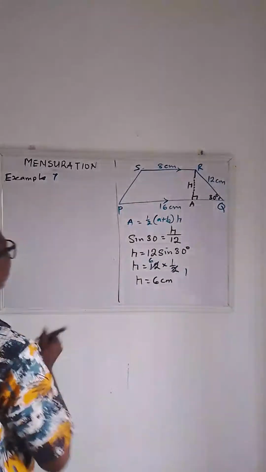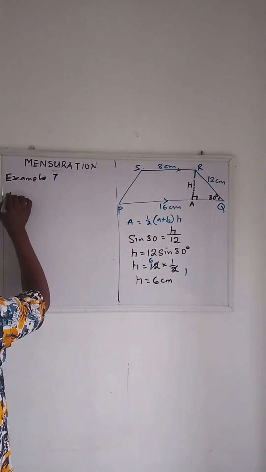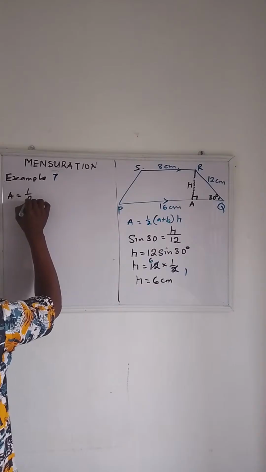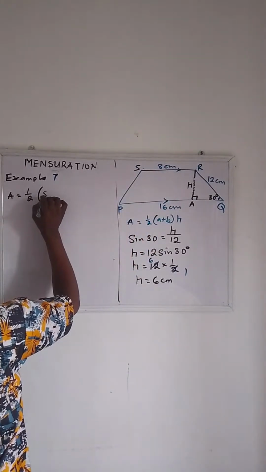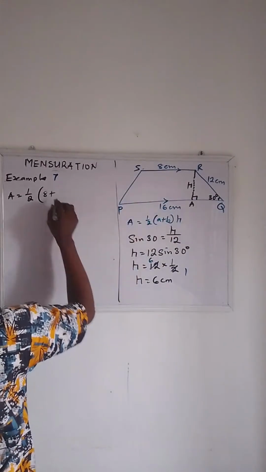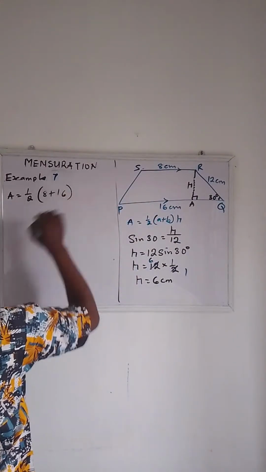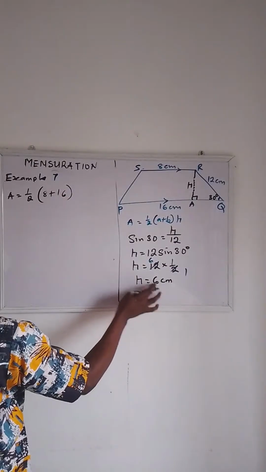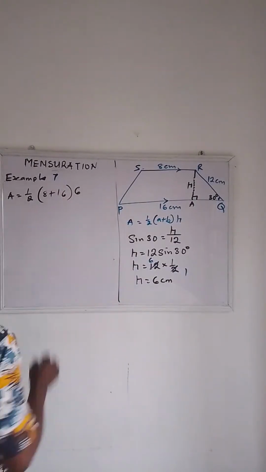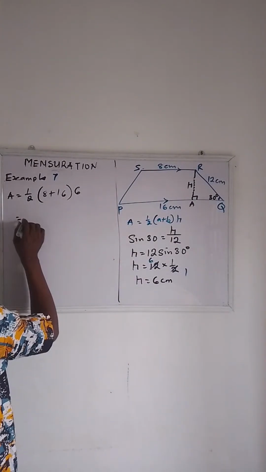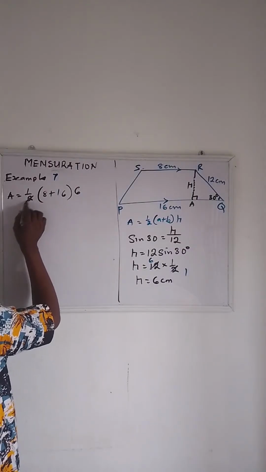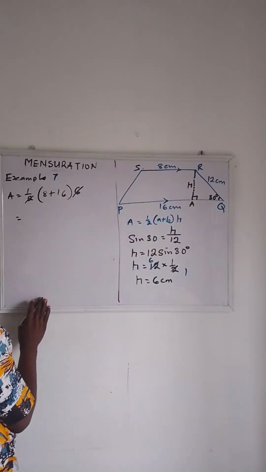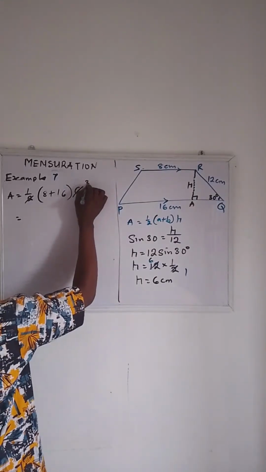So we have A equals 1 over 2 times, now A is 8, the second side is 16. Okay. Now times the height. The height is 6. Now the 2 cancels 6, so this becomes 3.